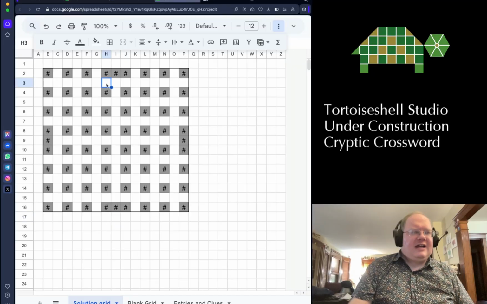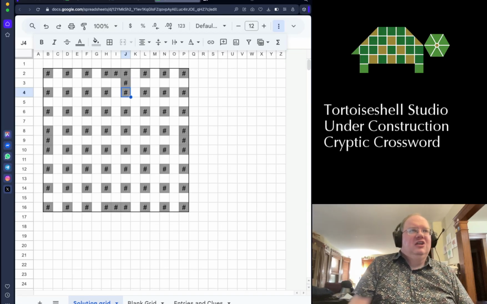So there are some things we don't want to do. If we're putting these two 13 letter entries crossing the middle, then we don't want to have a black square there, for example, because then this letter here will be the start of 2 different entries, which again, we can't have happen.